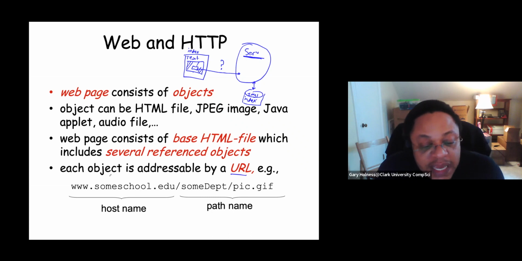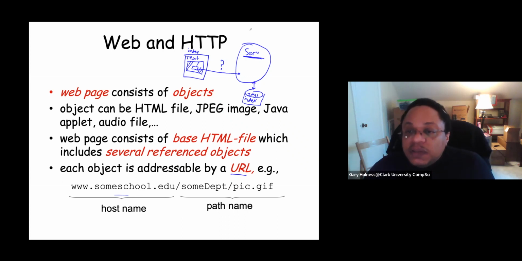Now, in this particular example, it's www.someschool.edu, but there's a mapping system called Domain Name Services, or DNS, that maps from this name that's textual, that makes sense, or it's easy to remember for human consumption, to this IP address.